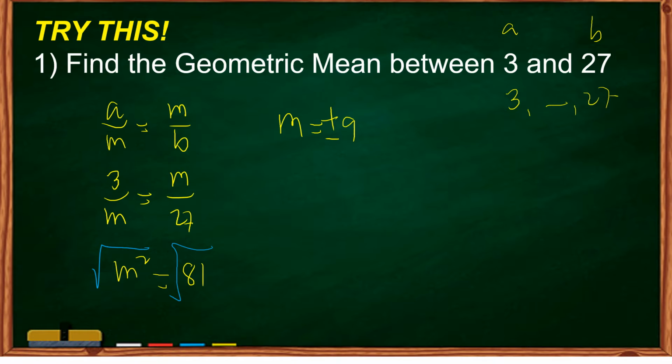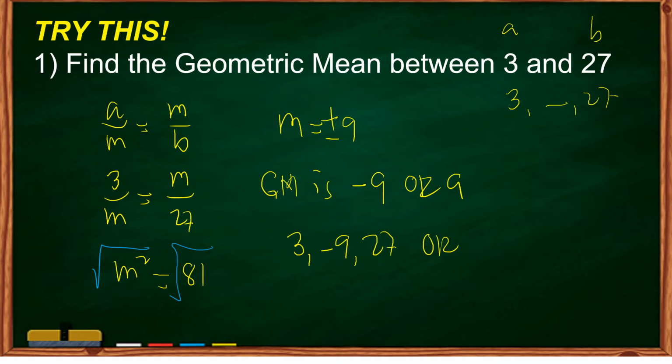So therefore, the geometric means are negative 9 or positive 9. If we write the geometric sequence, we have 3, negative 9, 27, or 3, 9, 27. So therefore, our final answer here is negative 9 or positive 9.